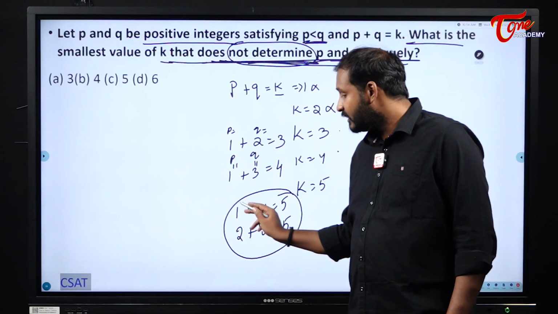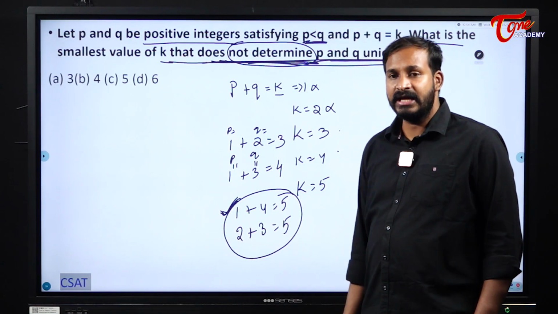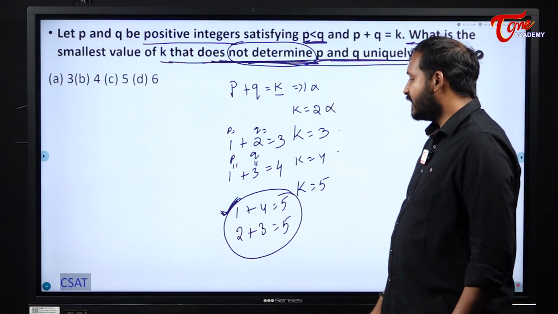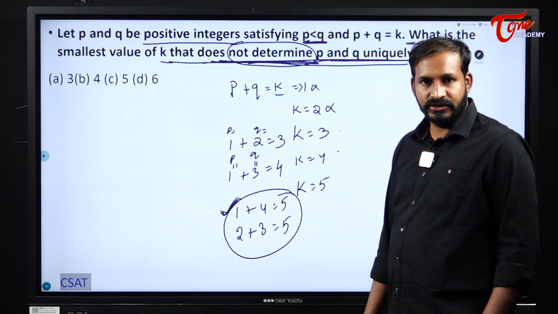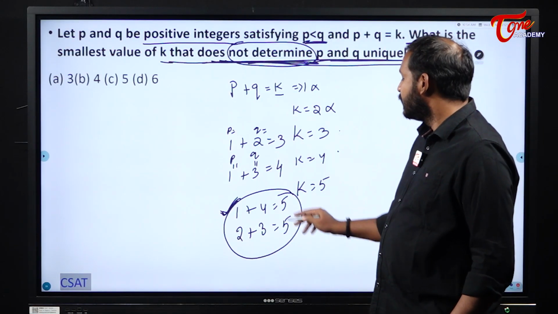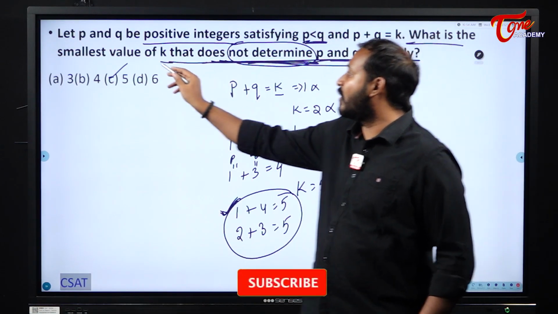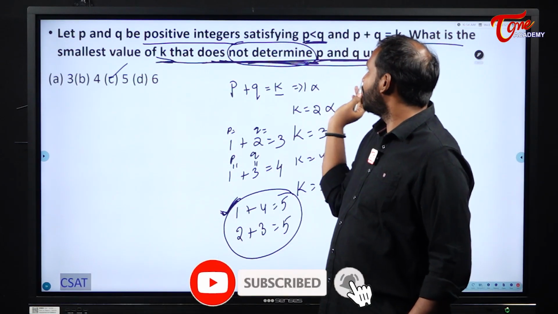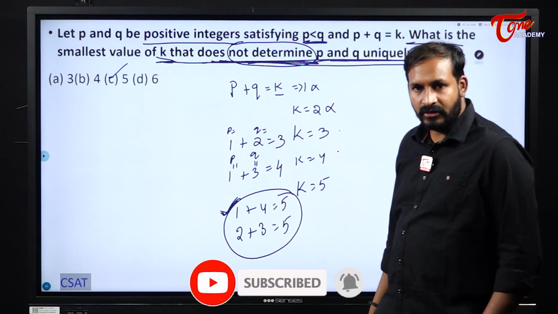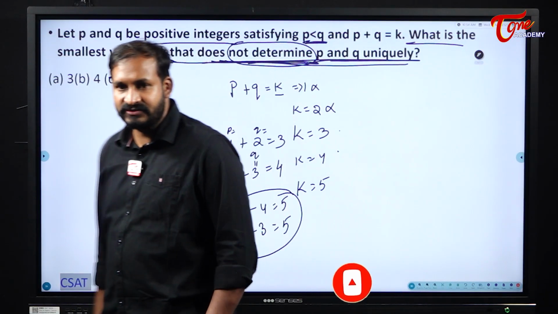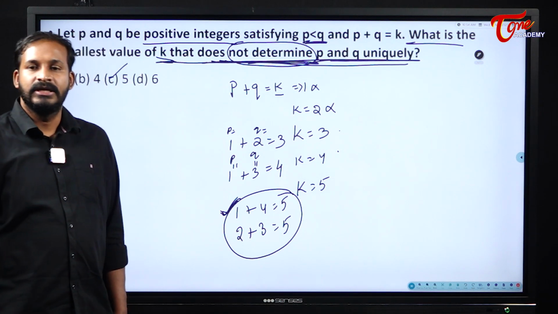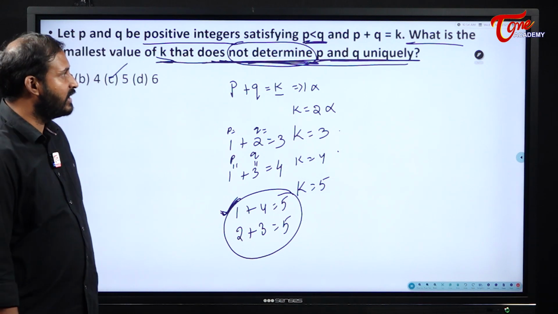So it is not determining a unique solution for us. Because of that, k value as 5 will be our answer. Why? Because our question is the smallest value of k that does not determine p and q uniquely. So we can take k value as 5, which will not determine the values uniquely.